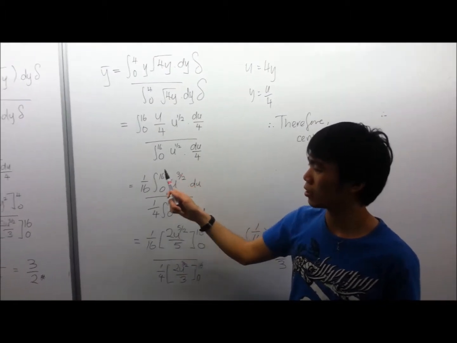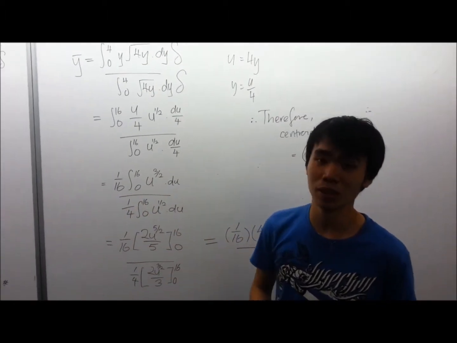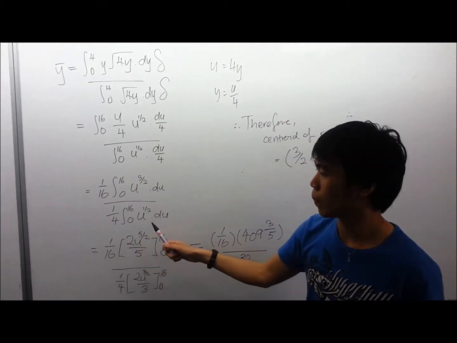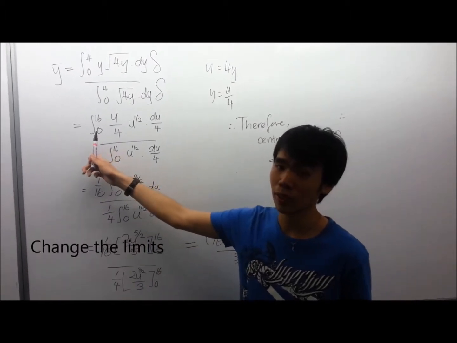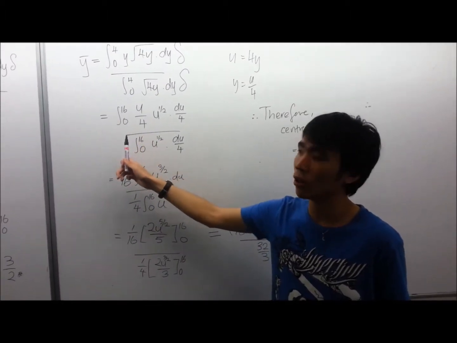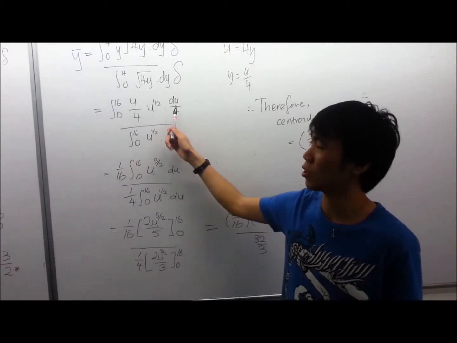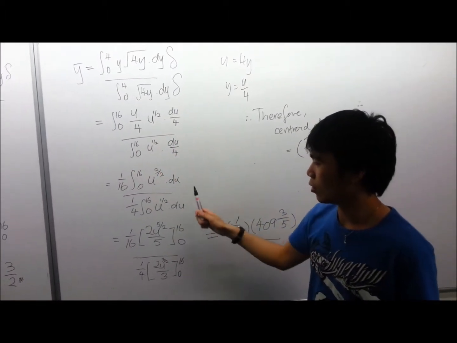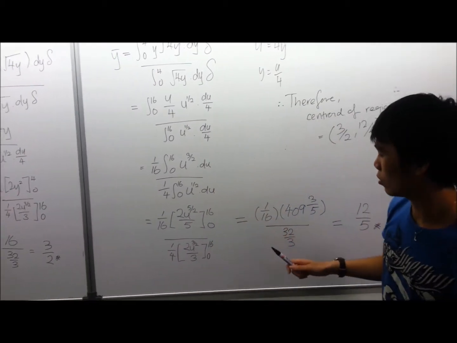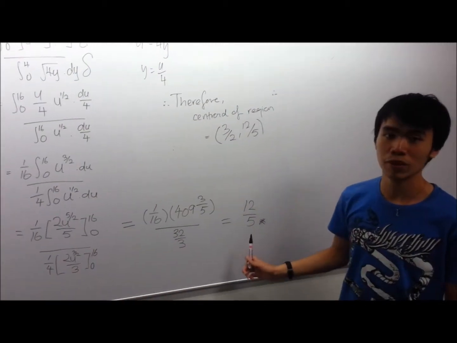And then the denominator is basically the same as x bar. Always remember to change your limit again. The limit is 16 to 0 and not 4 to 0, because you are integrating in terms of du right now. After integrating, what you'll get is 12 over 5.